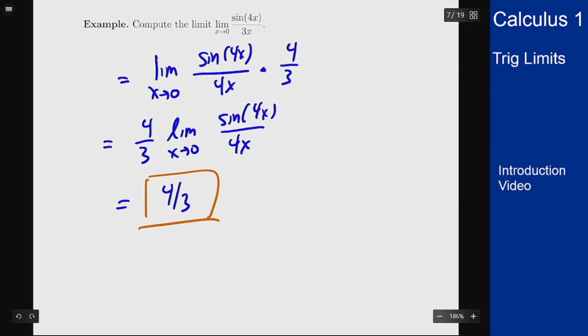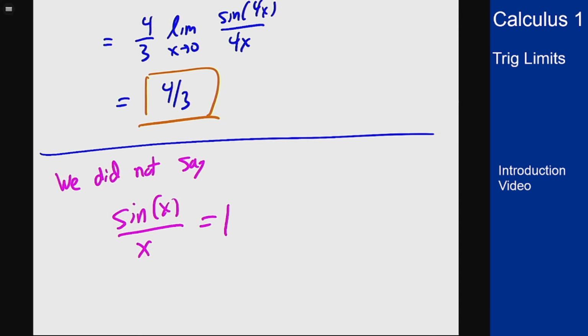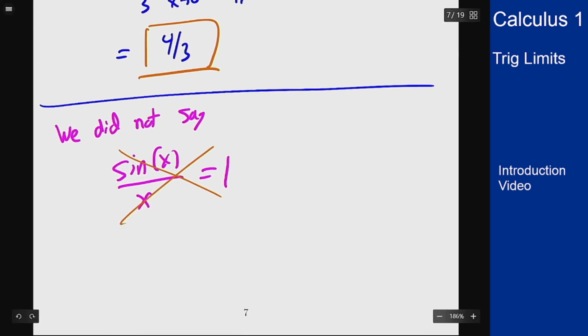As a brief word of warning about these kinds of problems, we did not say that sine of x over x equals 1. That is not a true statement. If I plug in any number that I want to plug in, and I can't plug in 0, I will not get 1. What we said was that the limit as x goes to 0 of sine x over x equals 1.